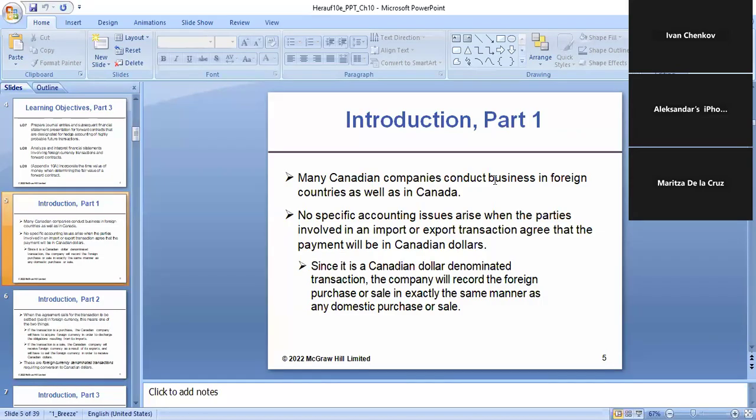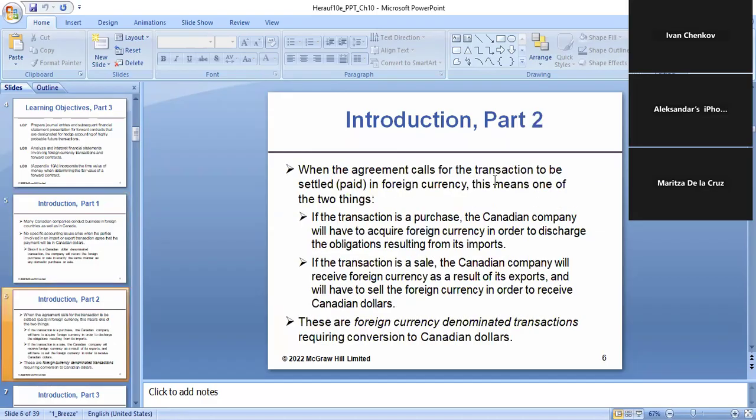Now, the problem is that it does not always happen this way. Some companies deal with vendors in other countries, doing purchases and sales there, and those parties don't agree to denominate everything in Canadian dollars. That's where the problem is.